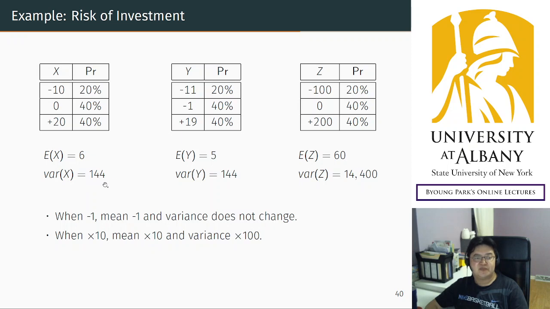There is no clear rule. When you subtract 1, no difference. But when you multiply by 10, it inflates 100 times. So you get even larger. This is what makes the variance complicated.